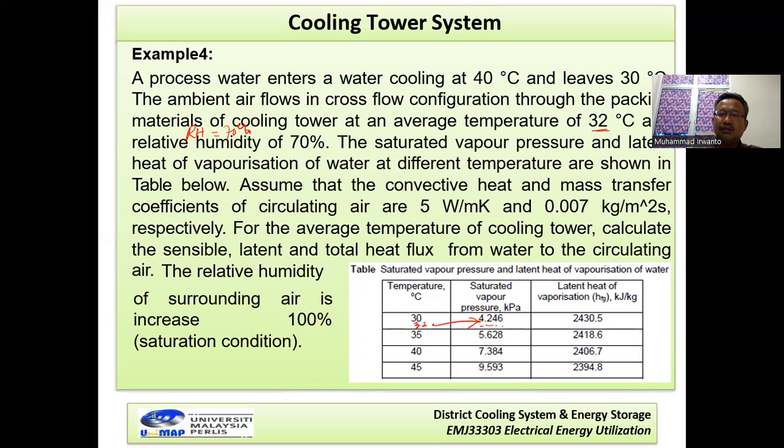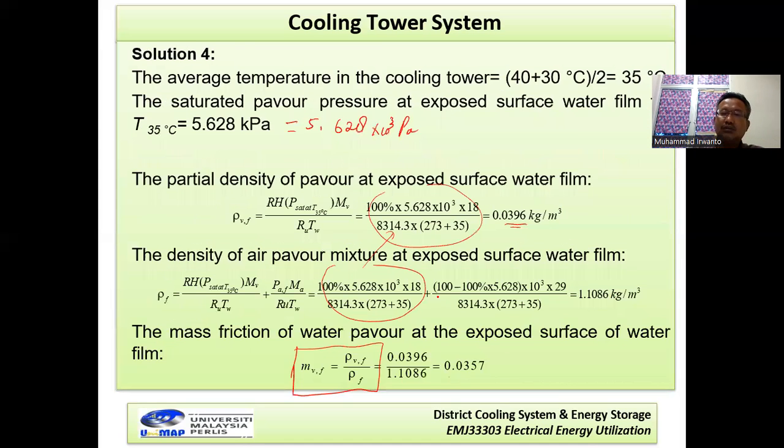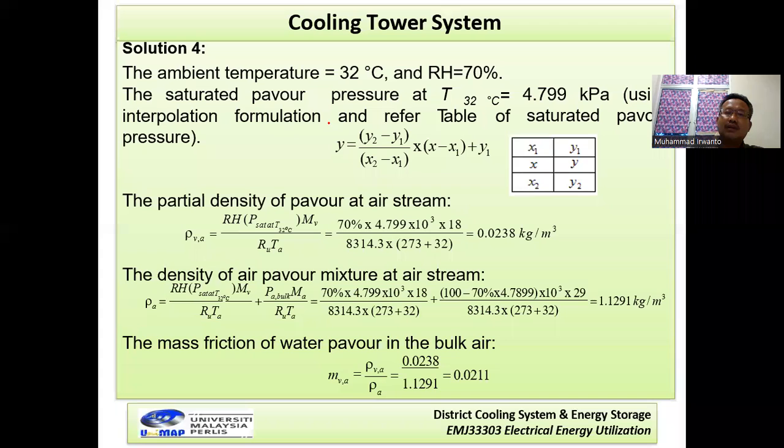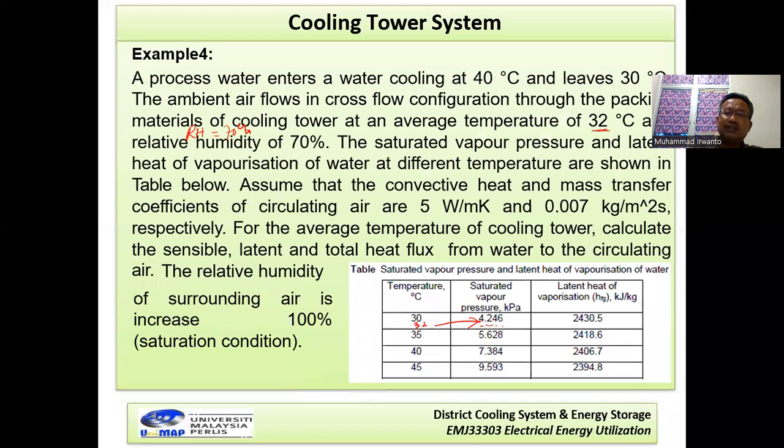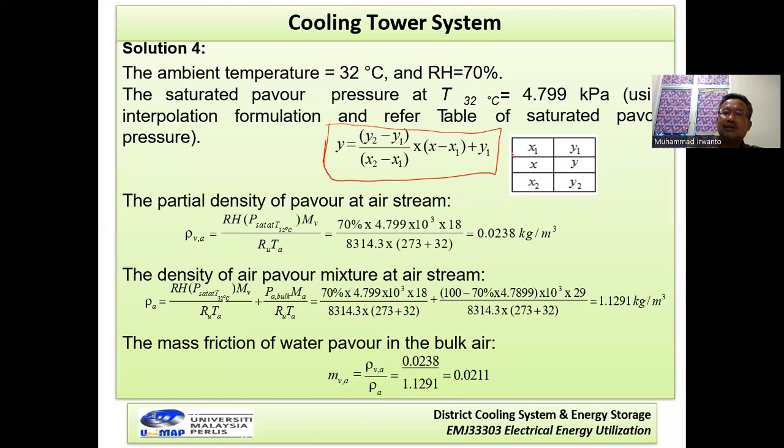This value can be found by using what we call the interpolation formulation, with x1, x2, y1, y2. Here x1 and x2 are the temperatures, 30 and 35 degrees Celsius.